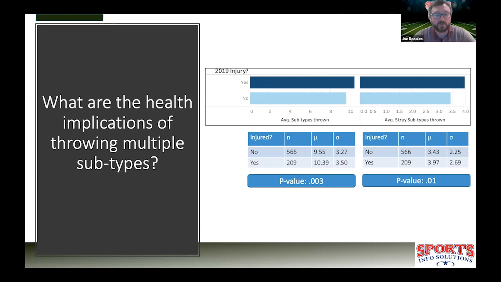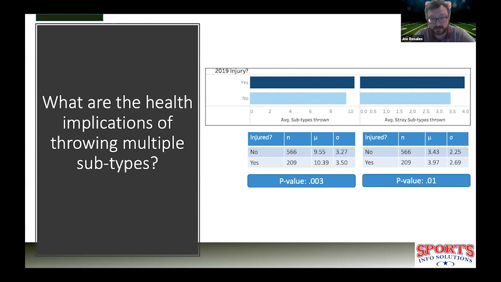We took our injury data, just looking at 2019, and looked at pitchers who had some kind of injury event related to their arm, hand, wrist, elbow, or shoulder, and broke those into two groups: those who did have an injury event during the 2019 season and those that didn't. The histogram on the left is looking at all subtypes thrown, and you can see that the dark blue, the pitchers that did have an injury, threw more subtypes than the pitchers that didn't, the light blue band.